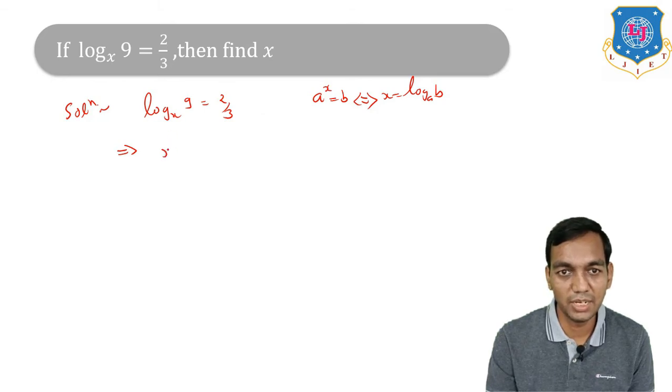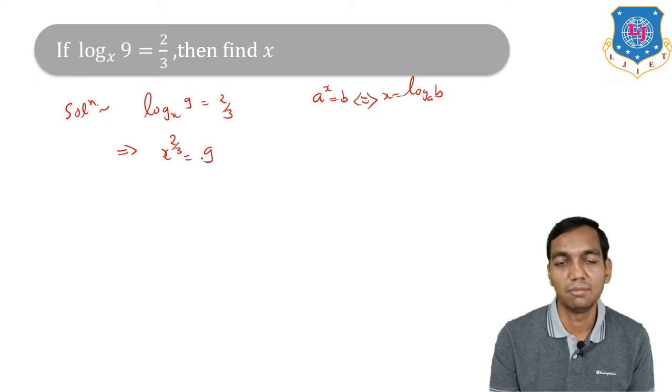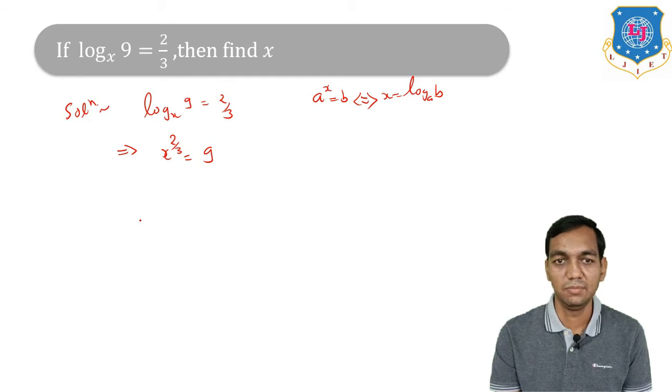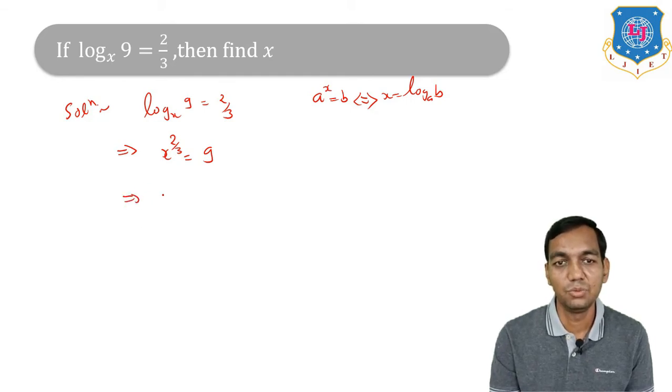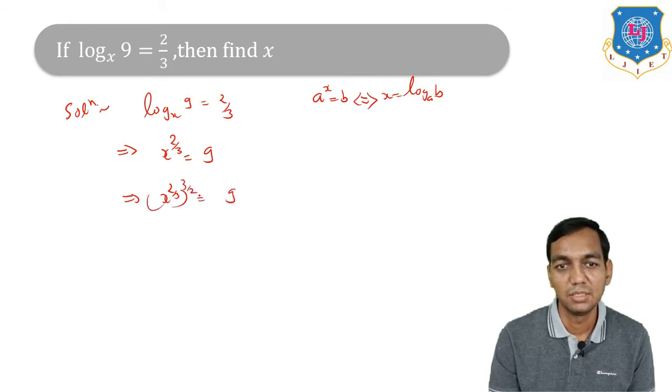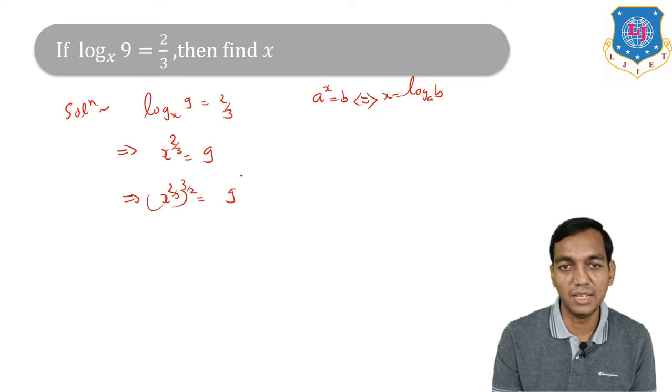So here you have to write x raised to whatever the power, that means x is equal to 2 by 3. So x raised to 2 by 3 is equal to 9. Done? And that will give you x raised to 2 by 3 raised to 3 by 2, because you have to find the value of x. So I am going to take both sides to the power 3 by 2.